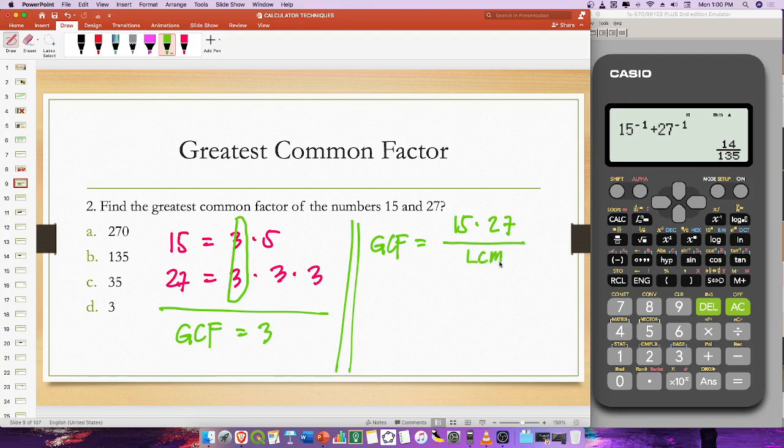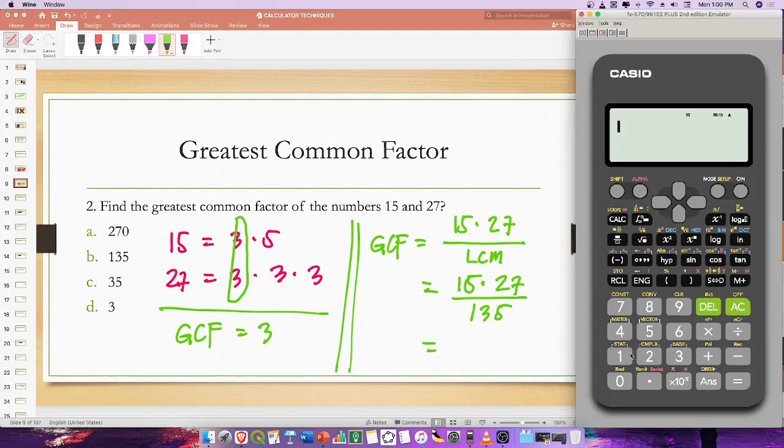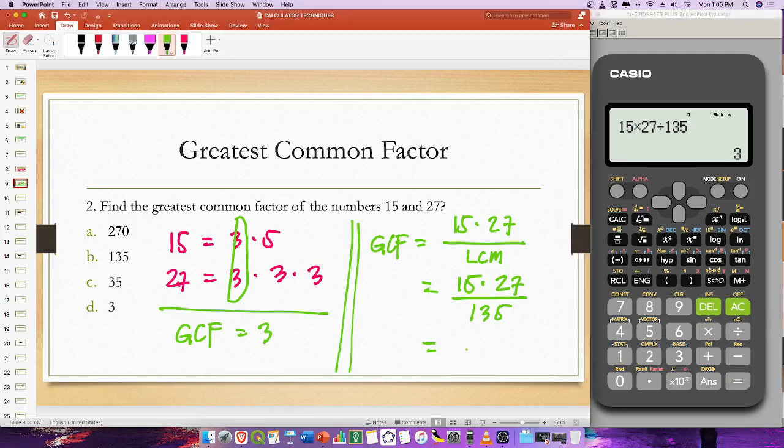Since the LCM is equal to 135, using your calculator, we have 15 times 27 divided by 135. The result will be 3. So 3 is the greatest common factor. Alright, that's it for the greatest common factor.